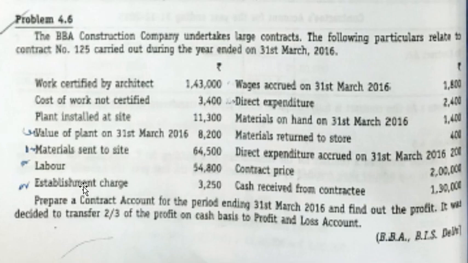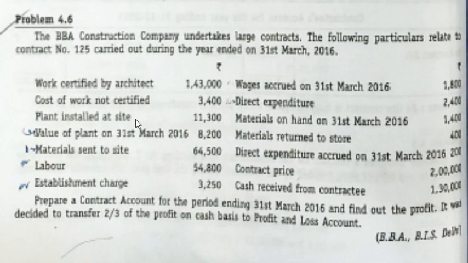Then labor charges, establishment charges, wages accrued on 31st March 2016, direct expenditure, materials on hand on 31st March 2016, materials returned to stores, direct expenditure, and contract price, cash received. All these items will now be classified into debit and credit.